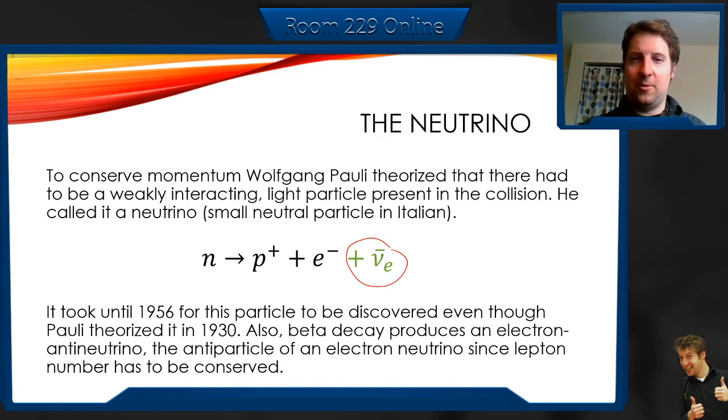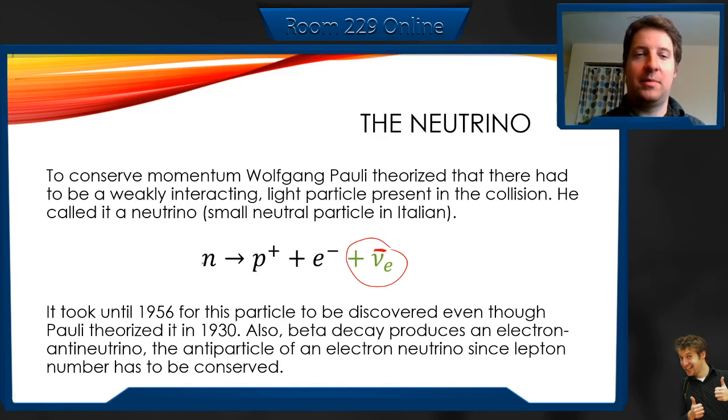Now, what's interesting here also is this bar on top. This bar on top means that it's an anti-neutrino. I have a regular neutron showing up here, a proton showing up here, and an electron.